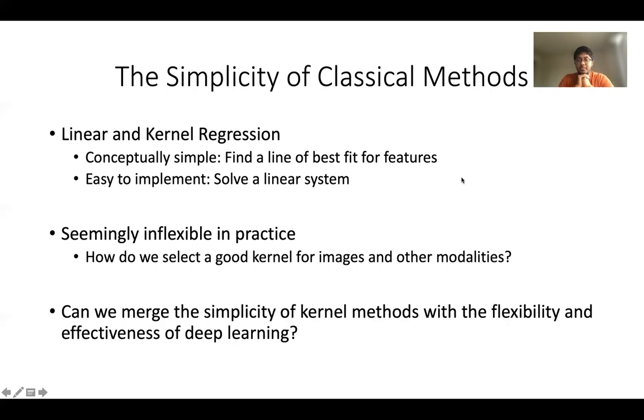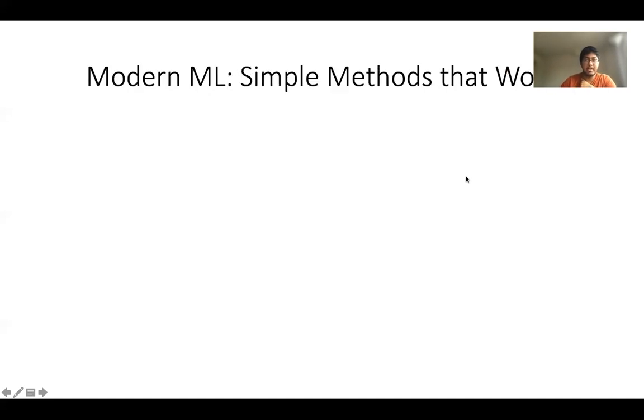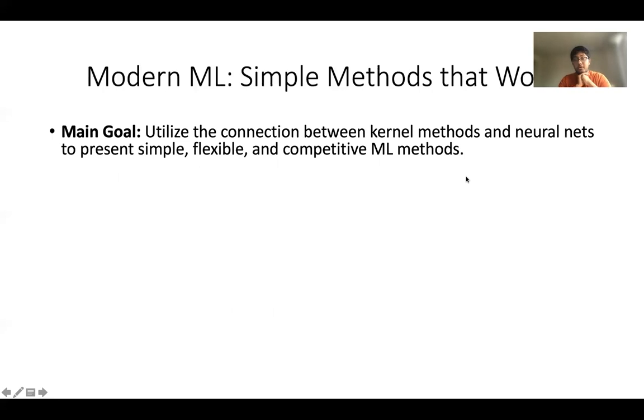And so this is the big question that I had as motivation for this course, which is, can we somehow merge the simplicity of these classical methods, these kernel methods, with the flexibility and effectiveness of deep learning? And I think the remarkable answer is that, yes, we can actually do this now. And that's the main goal of the course.